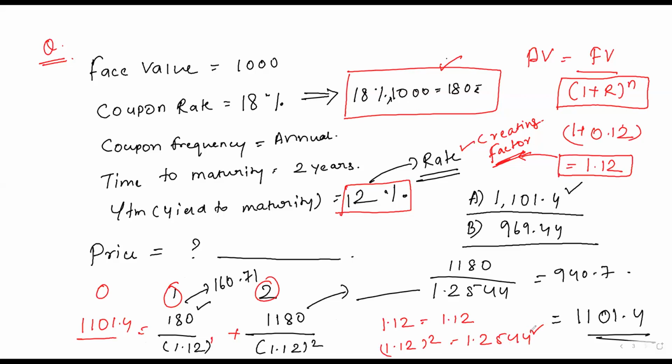Nikamni is saying she is not getting 1.2544. Just multiply 1.12 into 1.12, or else you will get a formula option like this in your mobile calculator. Use that and put 2. You will get 1.2544. Try that and let me know.